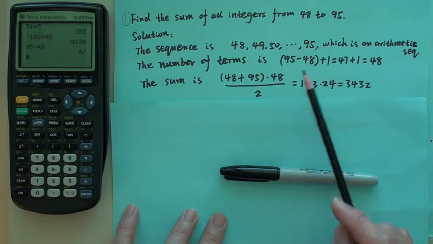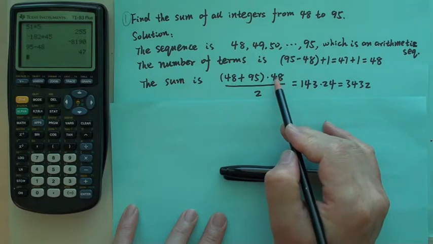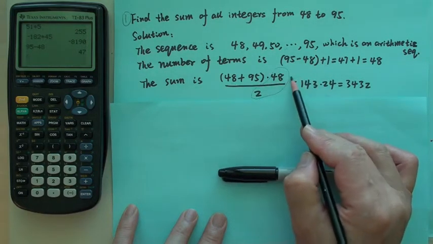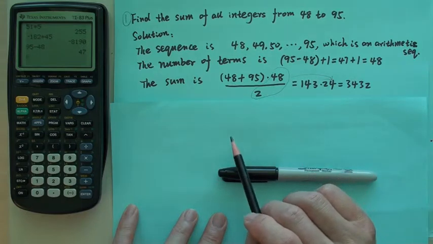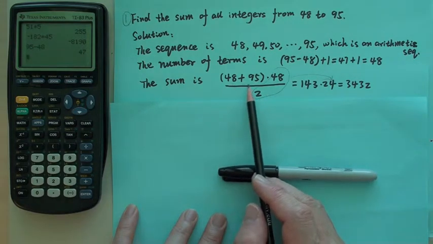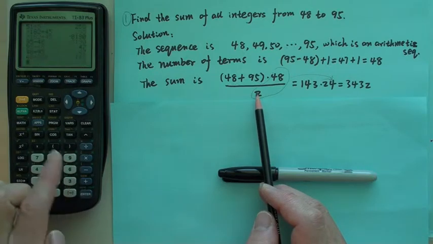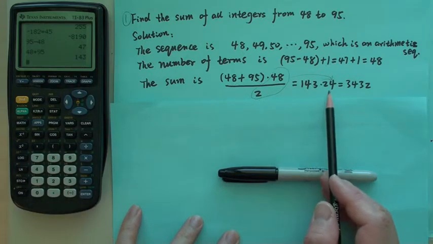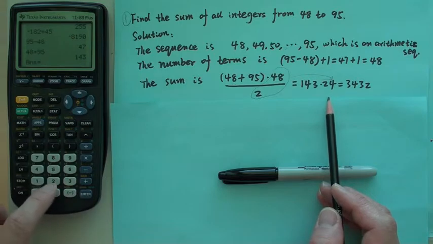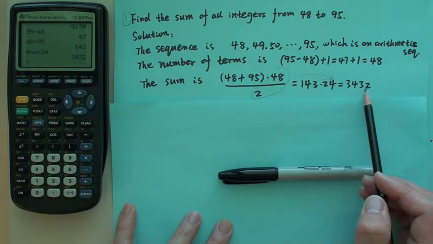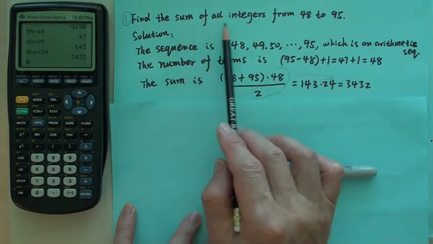Here 48 divided by 2 is 24. And 48 plus 95 is 143. You times 24, and you have the answer: 3,432. That's the answer for that.